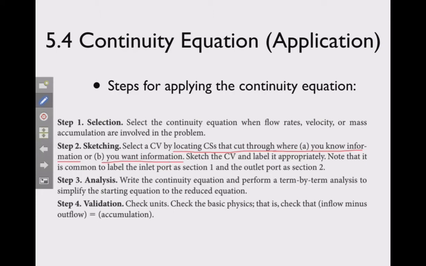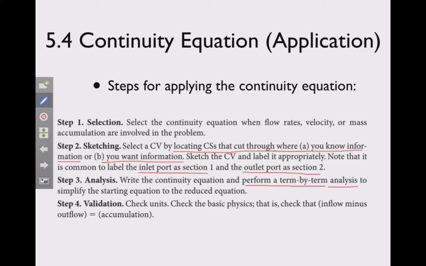So we want our inlets and outlets where we know the information at some of them, and we also want the control surface to cross over where we don't know the information. So sketch it, label it appropriately, and note that it is common to label the inlet port as section 1 and the outlet port as section 2. This is just customary.